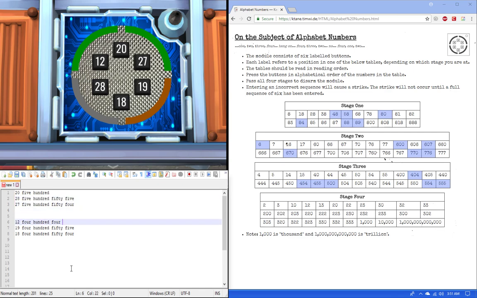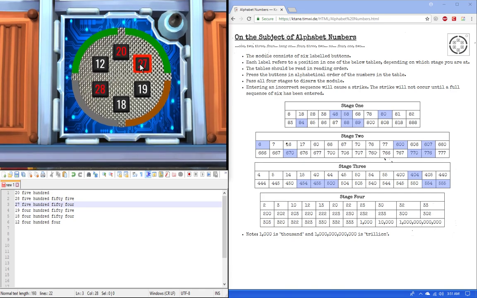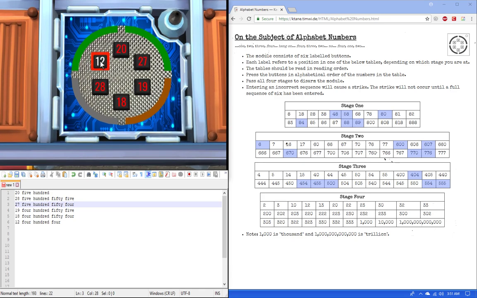Okay, now let's determine our 400s. Well, the 404 is going to go last because of the 50s. Then we have our 450s. The I is before the O, so that's good. And I think that's our order, which is going to be 20, 28, 27, 19, 18, 12.